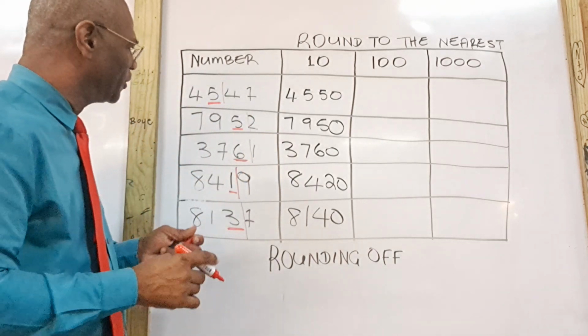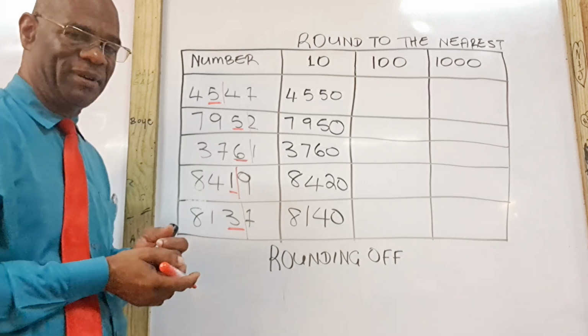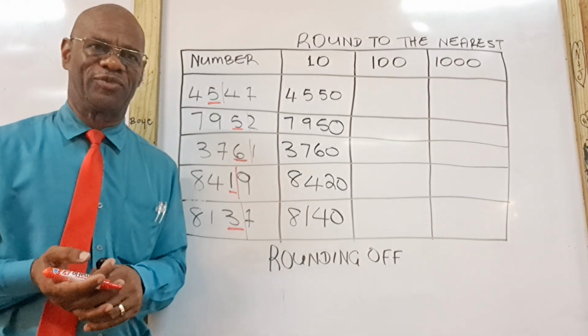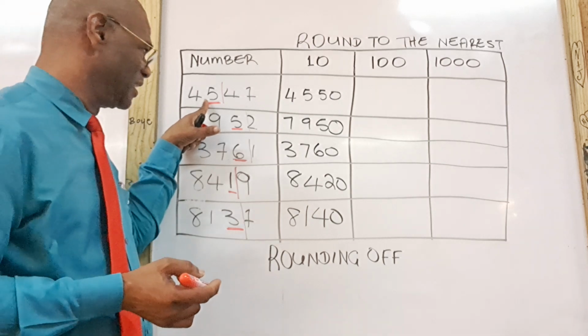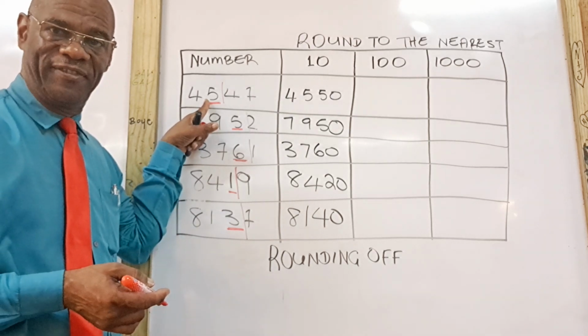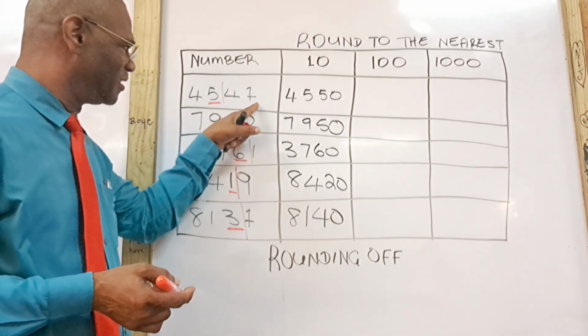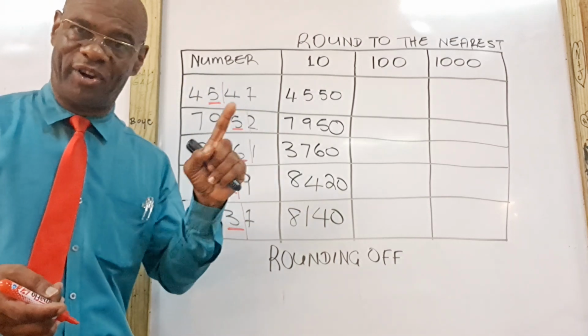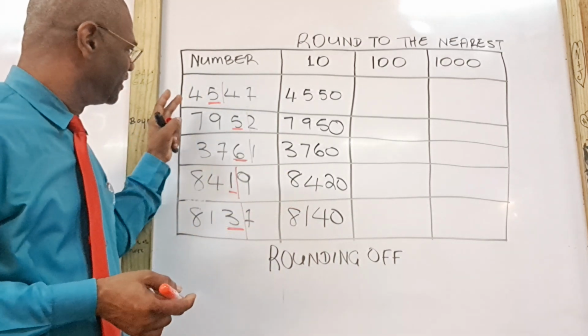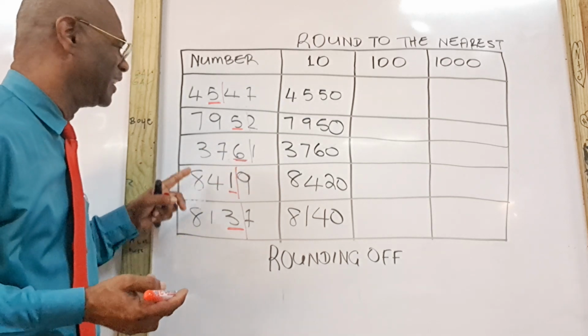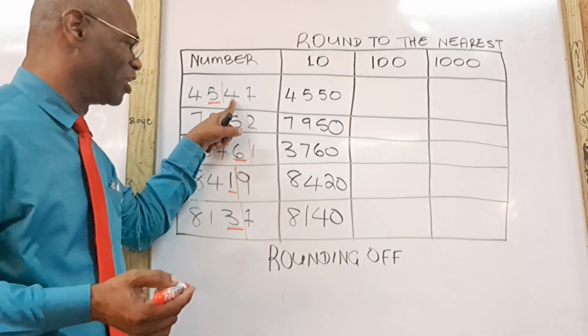Right? Now, we have established that if the digit that comes right after the digit in question is less than 5, we discard them or it, replace them or it with zeros, right? And that's it, we don't add anything, right? So in this case, the digit is 4.